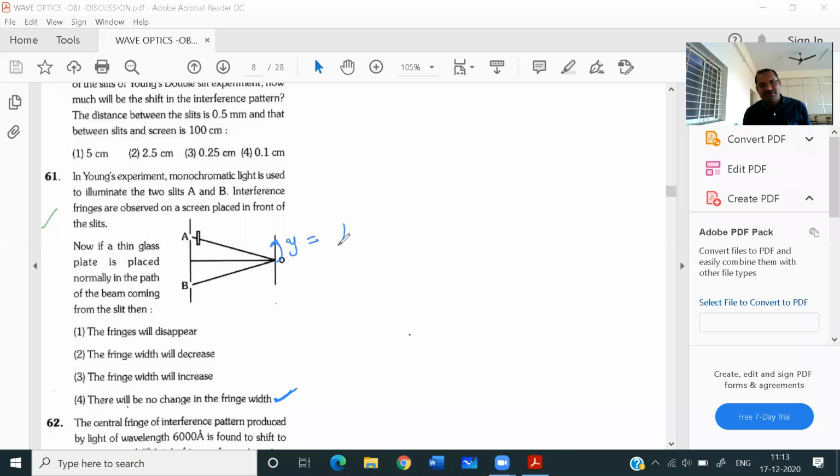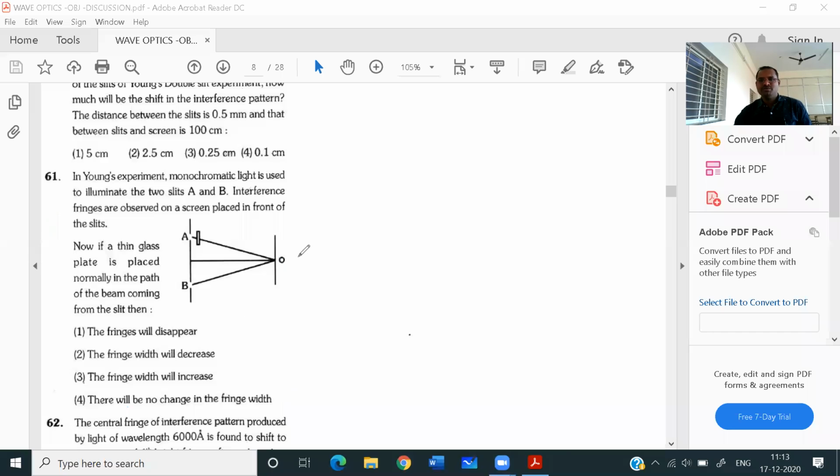How much will it shift up? Mu minus 1 into t into capital D by small d. This much it will shift up. But the width of the fringes, the distance each fringe forms, that width doesn't change. Width of the fringe remains the same. Remember this point. Question number 61 is over.